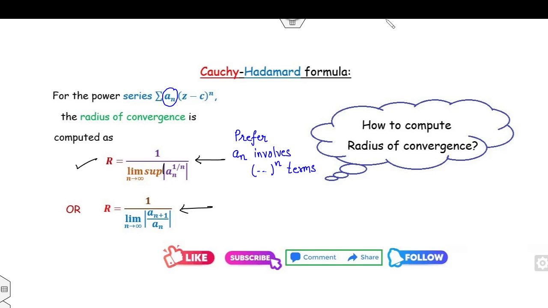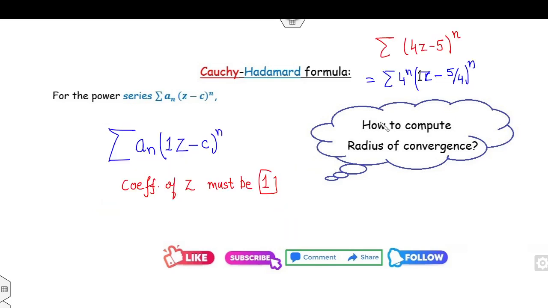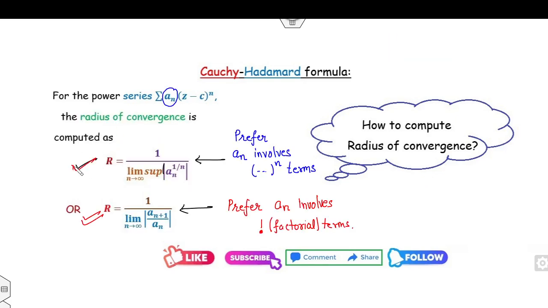On the other hand, the second formula is preferred whenever your a_n involves factorial terms. I will explain examples also in this lecture, so stay tuned till the last of this lecture. For example, in this case a_n is 4 raised to power n. Since it involves the power n, I can prefer to use the first formula.